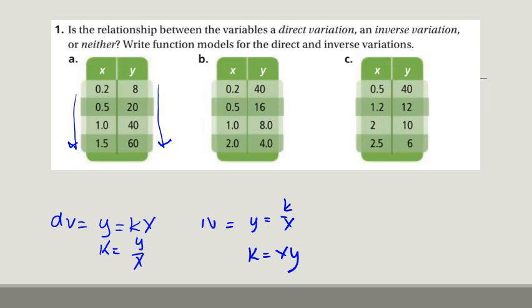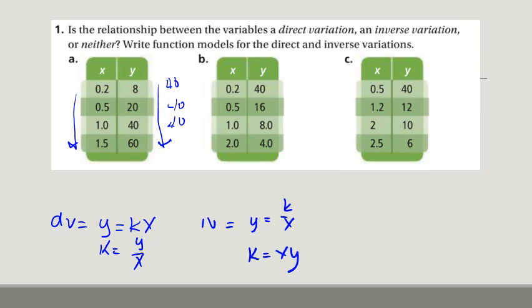So let's test to see if it is a direct variation. To do that, we're just going to divide y divided by x. So 8 divided by 2/10 gives me 40. 20 divided by 0.5, or 5/10, gives me 40. 40 divided by 1 is 40.